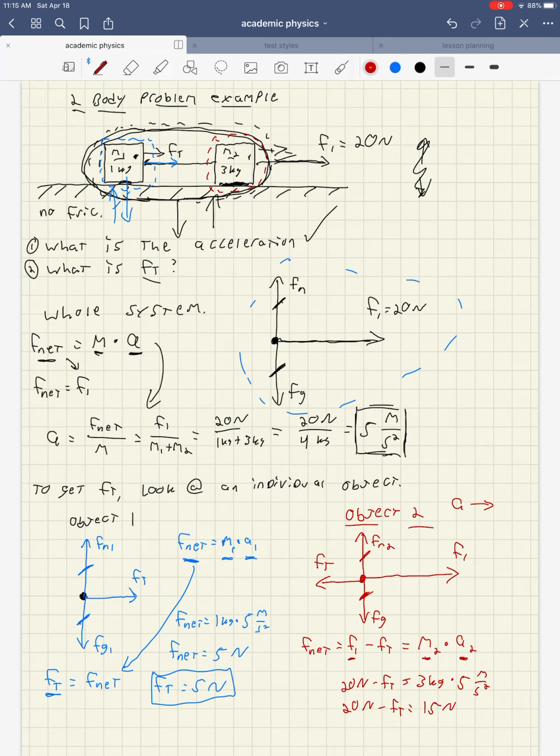So you should probably already see where this is going. 20 minus something gives me 15, but rearranging this, I get 20 newtons minus 15 newtons equals Ft, which, big drum roll here, is going to be 5 newtons, which, luckily enough, is the same thing that we got before. So we can put a big check next to Ft and call this problem solved. All right, hope that helps.